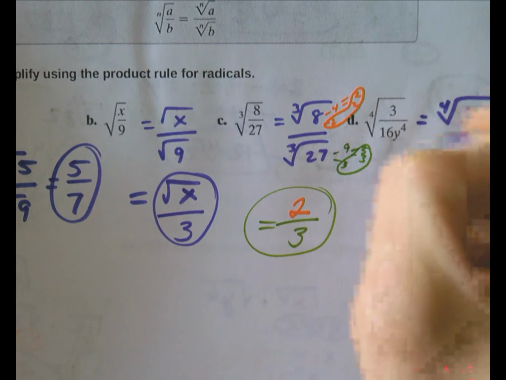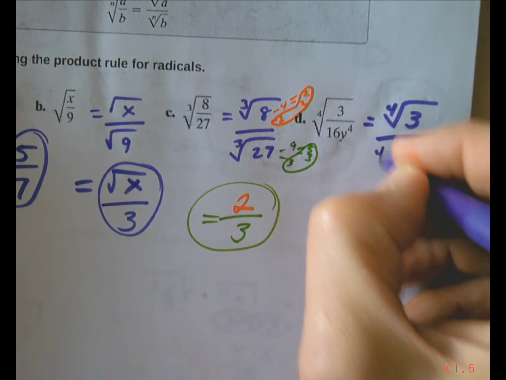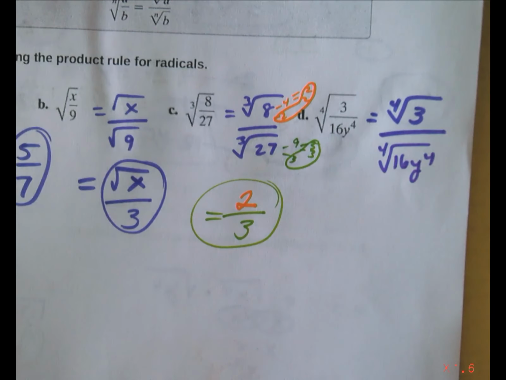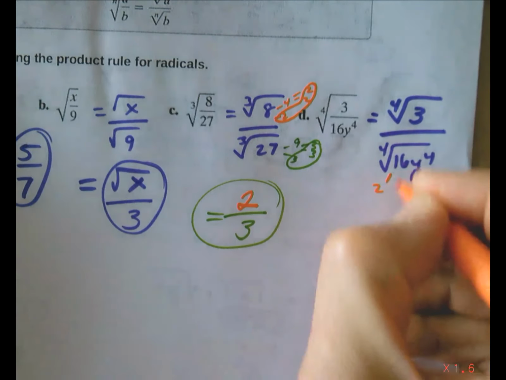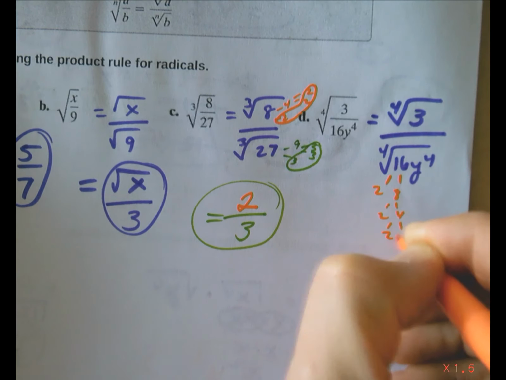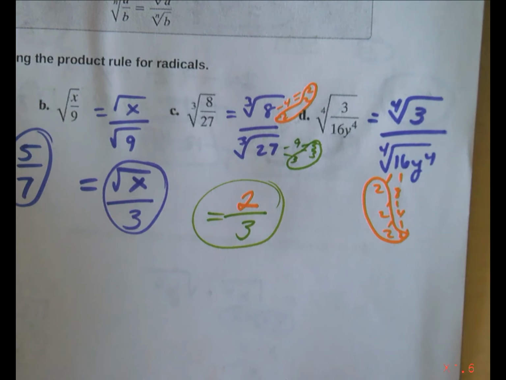I've got the 4th root of 3. And then I've got the 4th root of 16 y to the 4th. Well, on top, there's no 4 of a kind, but on the bottom, that 16 can be broken down. 2 and 8, 2 and 4, 2 and 2. And there's that 4 of a kind here.